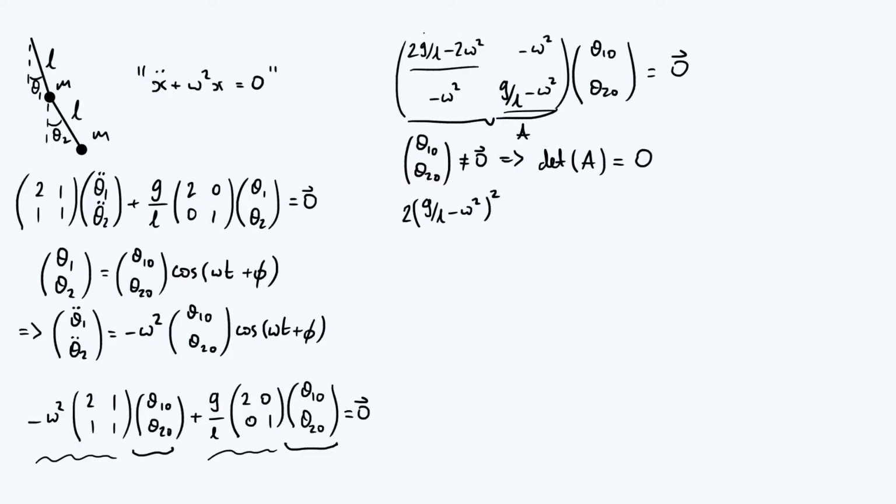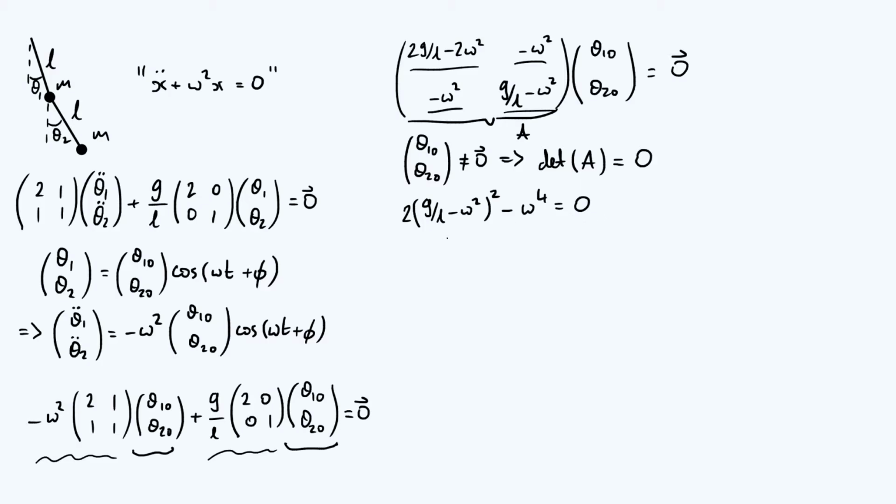Because this top left term is just 2 times the bottom left term, I'm going to have to subtract off this times this, which is omega to the power of 4. All of that is supposed to be 0, since I'm requiring the determinant of that matrix to be 0.